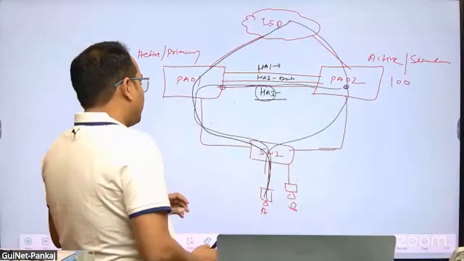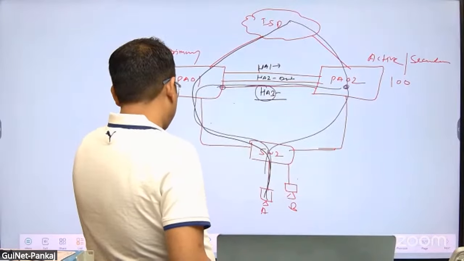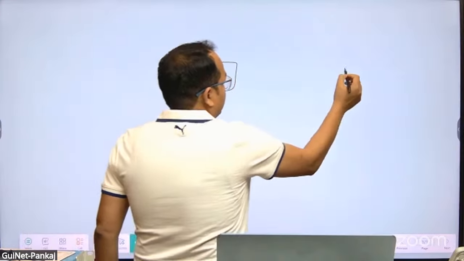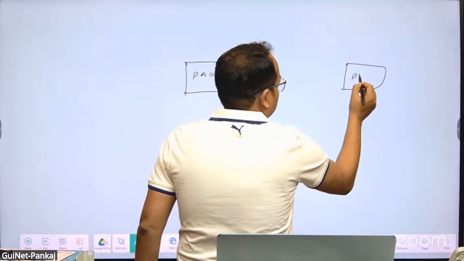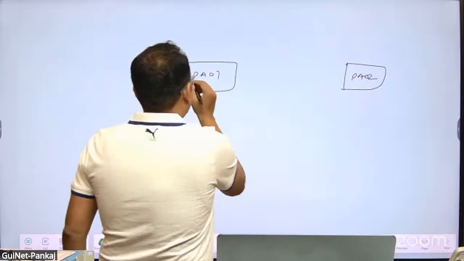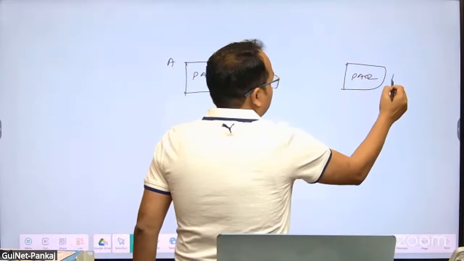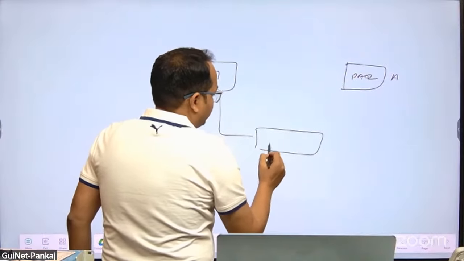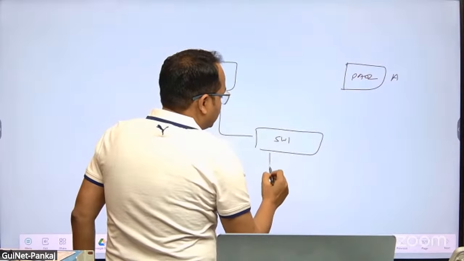Okay, here is what happens. Let's suppose in the active-active scenario, this is my PA1 firewall. This is my PA2 firewall. This is also an active firewall, and this is also an active firewall. So think about it from the LAN point of view. Switch-wise, how is the segregation going to happen?